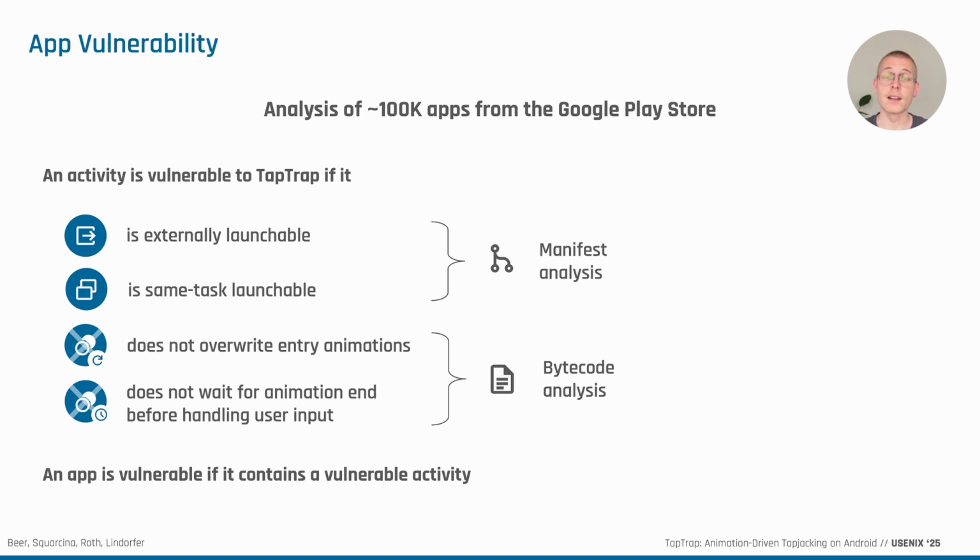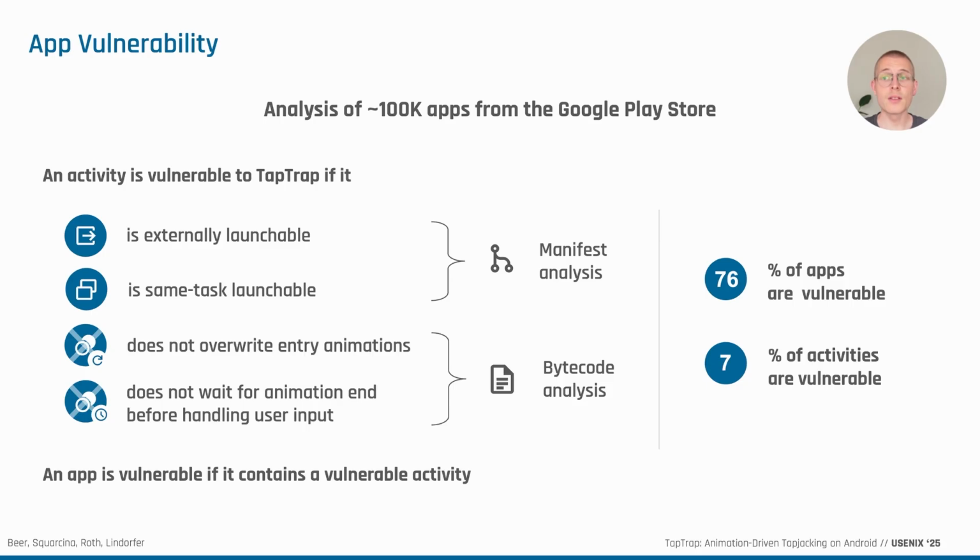And we checked the last 2 criteria using a bytecode analysis. And then we define an app as being vulnerable if it contains at least one activity that is vulnerable. In total, we found that 76% of apps are vulnerable to TapTrap, and 7% of all activities are vulnerable to TapTrap.